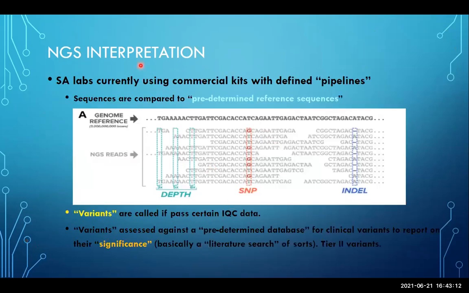So in South Africa currently, the commercial kits are using defined pipelines. That means basically the whole system is defined as to how to interpret the data. Predetermined reference sequences, as far as I know, and the bioinformatics system is set up so that the NGS data, these NGS reads that you get, are compared to a reference sequence.